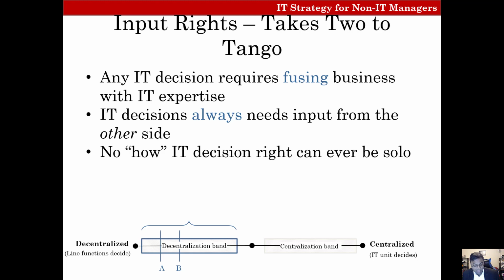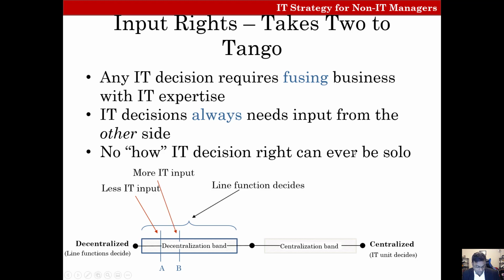When you choose the decentralization band, the IT unit contributes its input into the decision, even though the line functions primarily have authority and accountability for it. The input of this other group increases as you slide the decision from A to B, right? And the IT unit has more input when you move to B rather than at A.